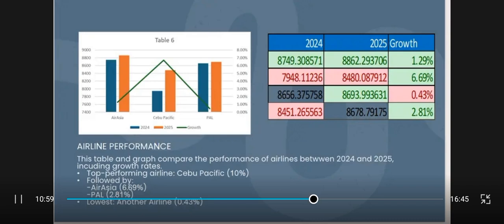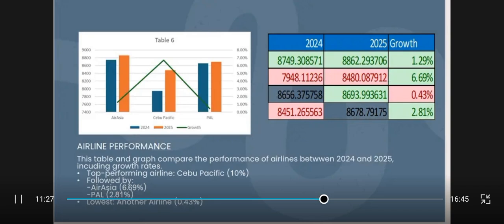In 2024 we have 7,948.11,236. Then in 2025 we have 8,480.87,912. Then the growth is 6.69. The second one we have Cebu Pacific.